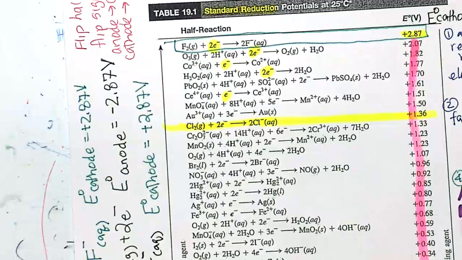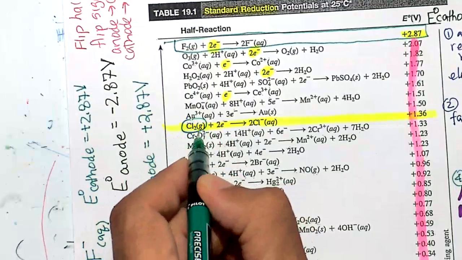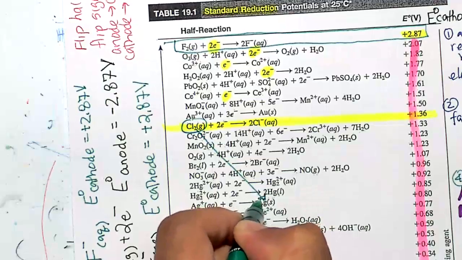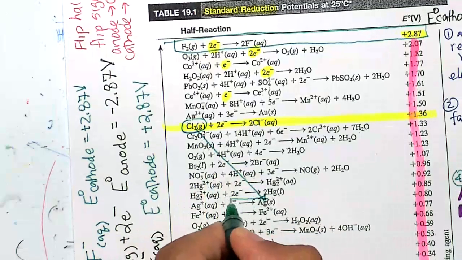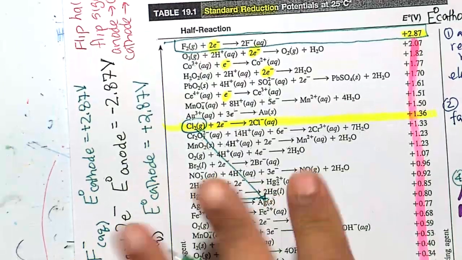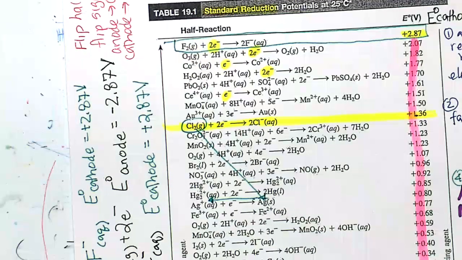So, a question for you guys, something that could be on the exam. Can Cl2 gas oxidize Ag solid to Ag plus? Yes or no? This is at positive 1.36 volts.